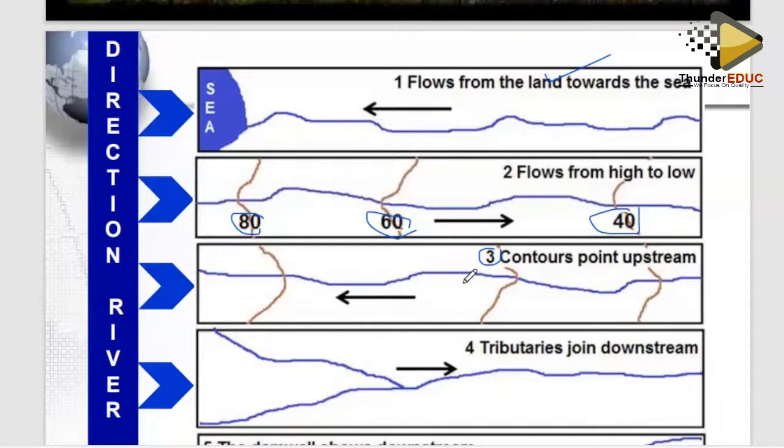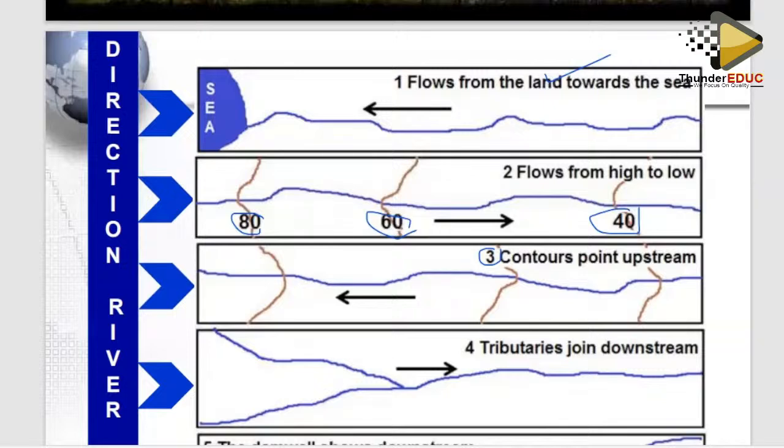Why do they point upslope of the stream? That's the question. And I have tried to figure out sense from most of the learners. They will fail to give a justified geographical reason as to why the contour lines will always point upstream when they are crossing a river or when they are crossing a stream.